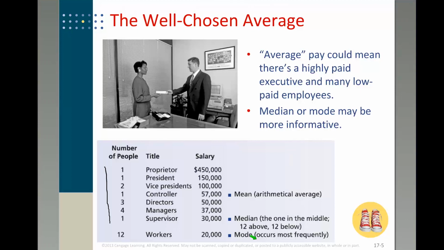It's actually $20,000. In addition, the mode could be useful when we talk about nominal or ordinal data, because in those cases, if we talk about nominal or ordinal level measurements, we cannot do much calculation, but we could find the mode, that is, the category that appears the most in the data.